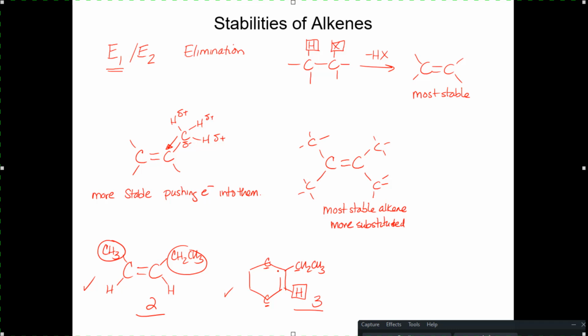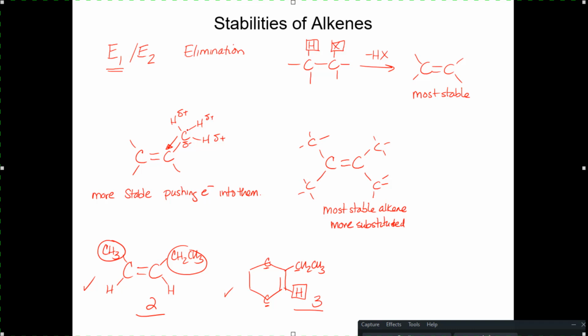So it's the number of alkyl groups, not the type of alkyl group, that leads to the stability of an alkene. Okay? So that's how we judge the stability of an alkene. More substituted, more stable. Why? Because the alkyl groups push electron density into the double bond, and that makes the double bond more stable.